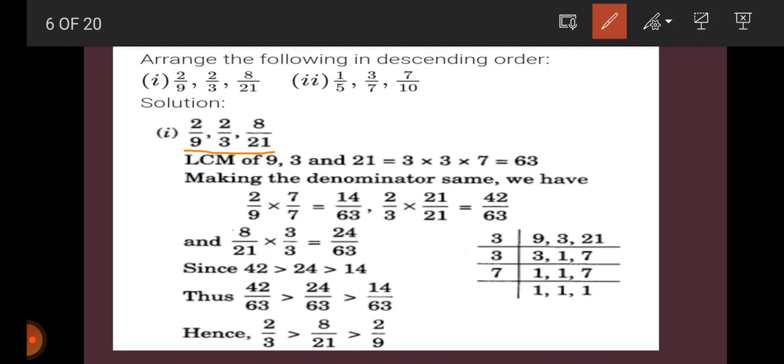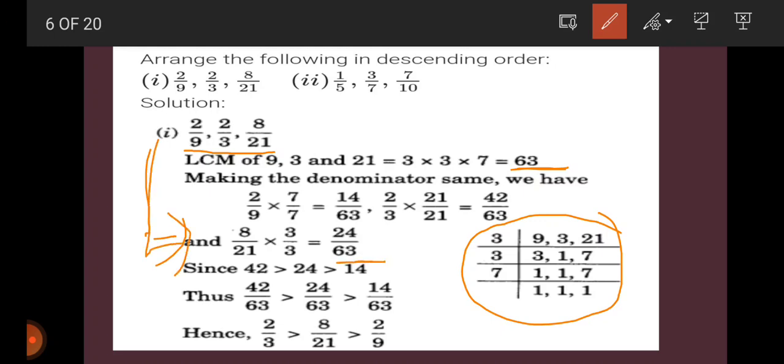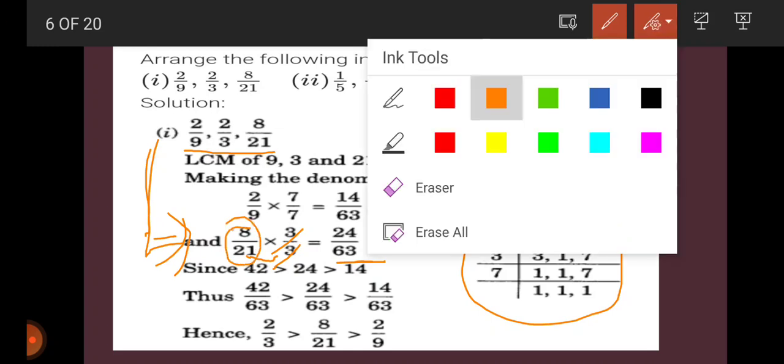First we take the LCM of these digits, and our LCM is 63, so we need to find what to multiply each fraction by to get the denominator 63. So 21 times 3 is 63, and whatever we multiply in the denominator, we multiply in the numerator too, so we get the given fractions.